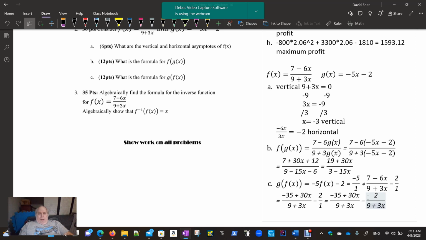So we get this over 2 times 9 plus 3x again. So now they have a common denominator. Now I have to do this multiplication by 2.